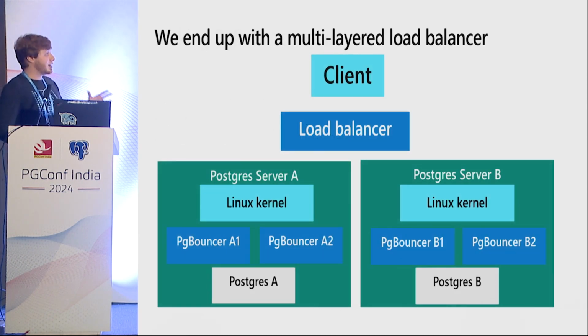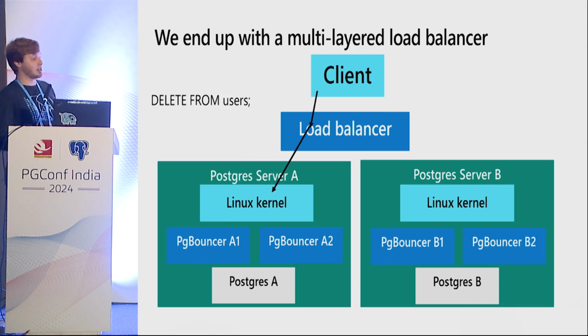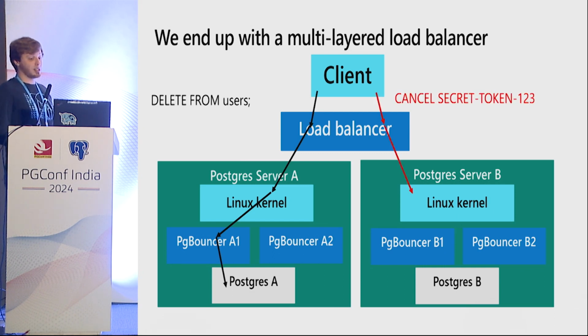So yeah, now we get an even more complicated setup. Now we end up with a multi-layered load balancer. We have a load balancer that forwards it to the Linux kernel, and the Linux kernel is now also a load balancer that forwards it to PgBouncer A1. And then that forwards it to Postgres. And then the cancellation token goes to PgBouncer B1.